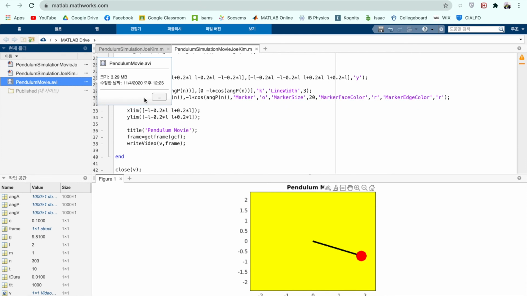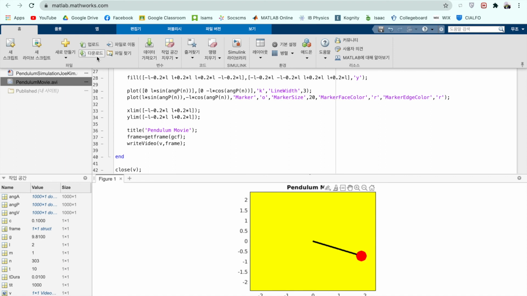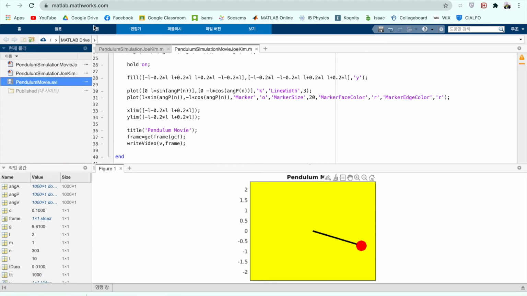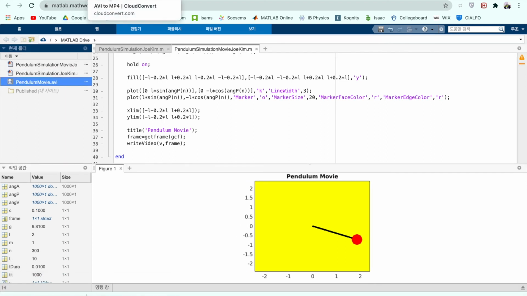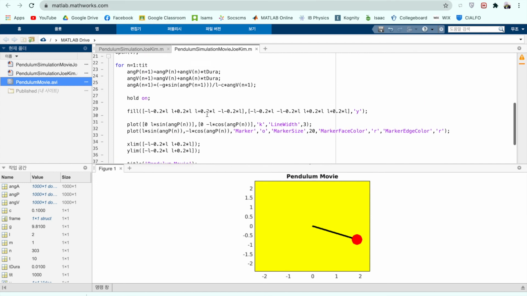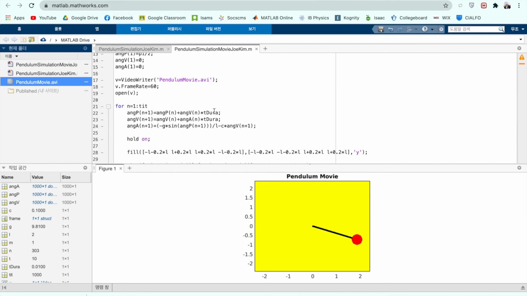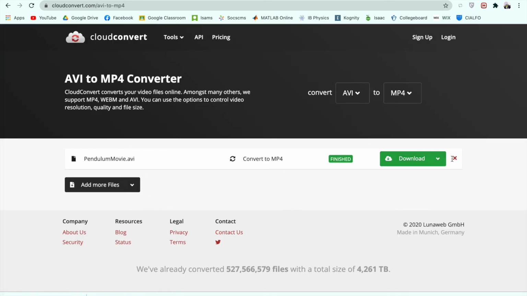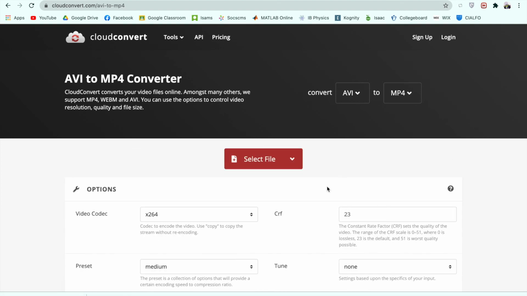Big, as I imagined, is 3.29 megabytes. And so what I'm going to do is go to home, and I'm going to download. Then I'll go to here, AVI. This computer, I don't have any software that could open an AVI file. So I'm going to have to convert it to MP4. That's what I did before in testing.